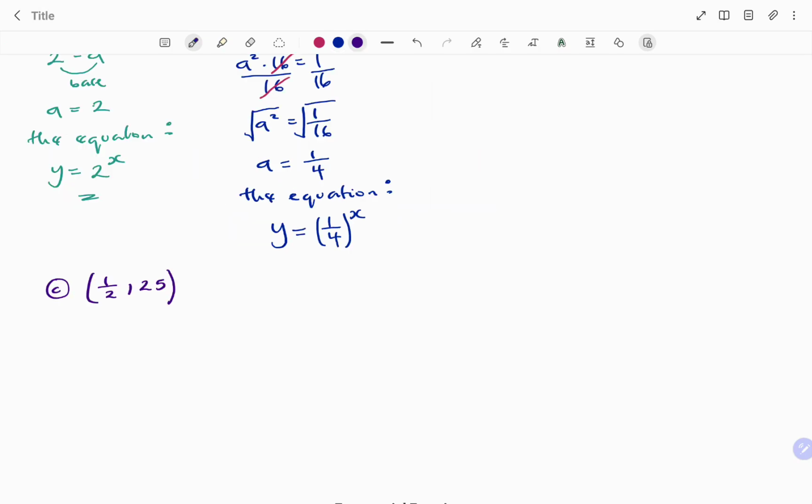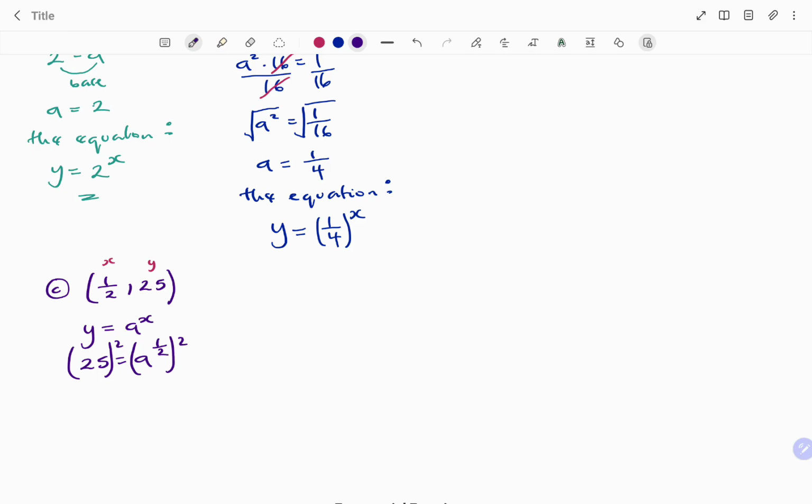To find the equation of the graph passing through the point half and 25, I'll have my standard equation to be y equals a to the power of x. The coordinates are x is half and y is 25, so substituting back into the equation, I have 25 equals a to the power of half. To get rid of my half, I'm going to square both sides.